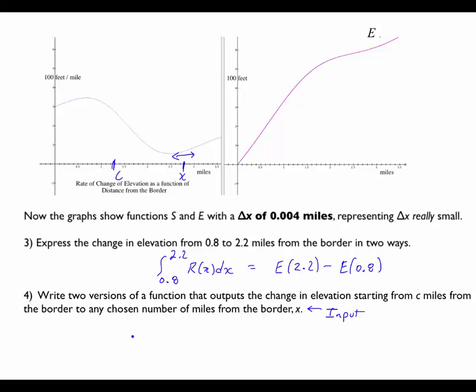And if we want, we can call that, say, f of x. Okay, two different versions of this function f of x that gives us the change in elevation starting c miles from the border to any stopping location x miles from the border. Okay, hopefully we got that.